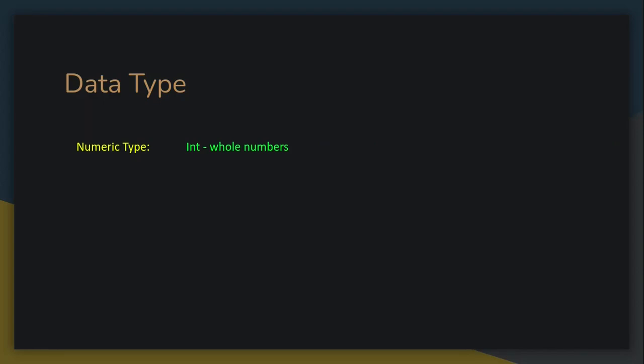An int is a number without a decimal, or mostly known as whole numbers. Then we have a float and a double. These fall under the same category, and we define these as numbers with decimals, the opposite of integer.